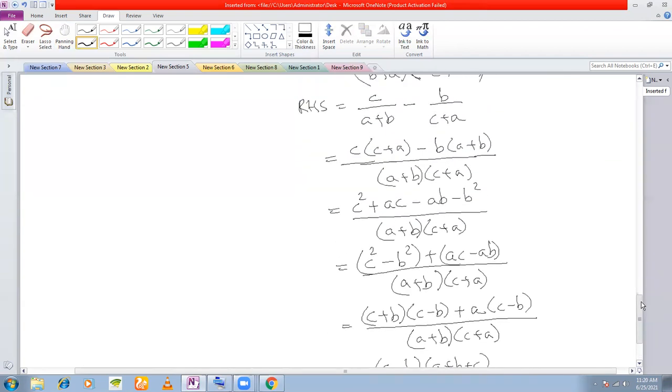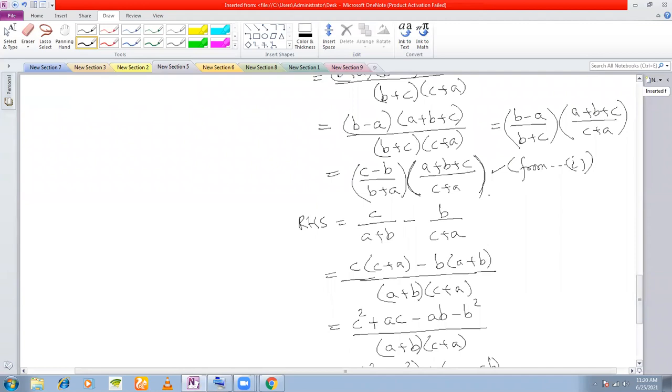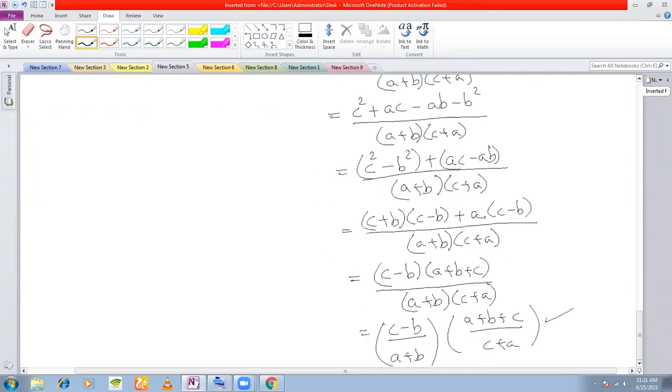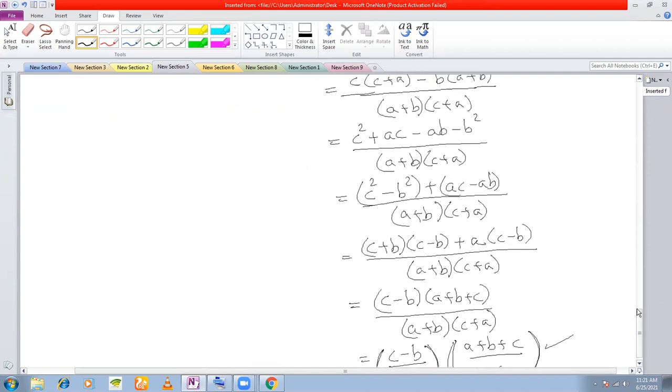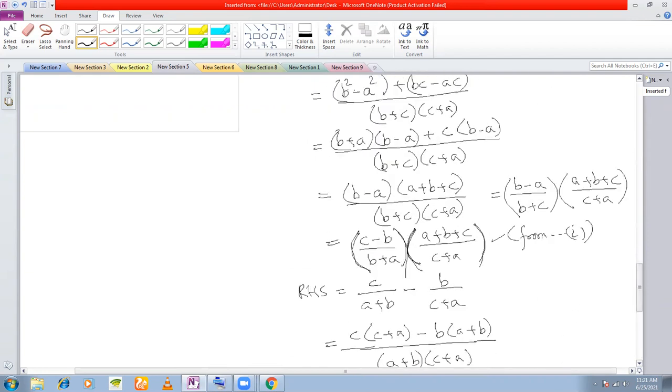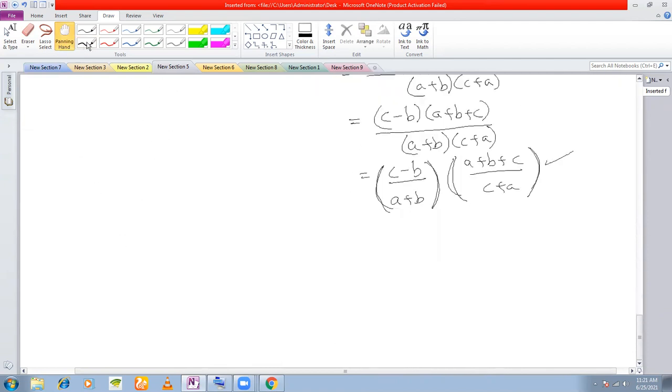This is your right hand side. Is our right hand side, left hand side equal? C minus B by B plus A. Yes. And here you have A plus B plus C by C plus A. So they are equal. So left hand side is equal to right hand side.